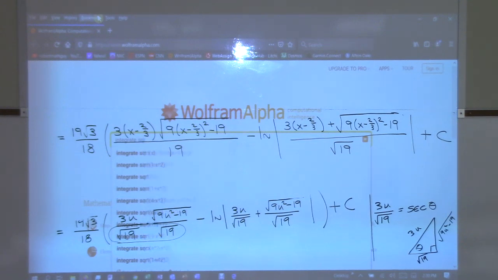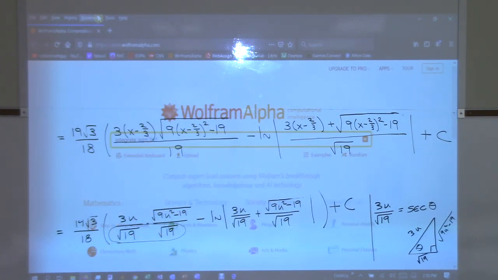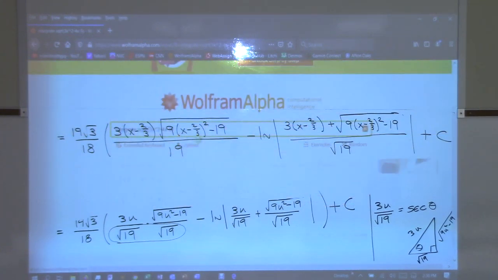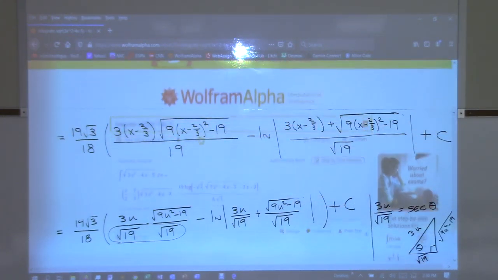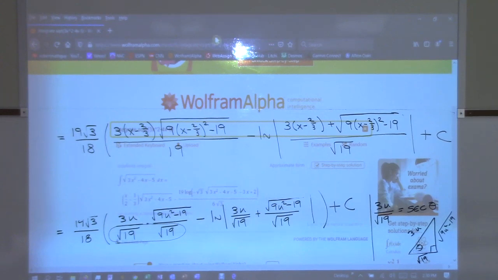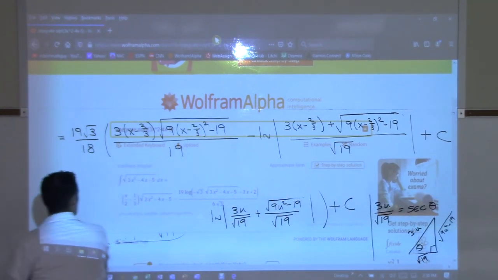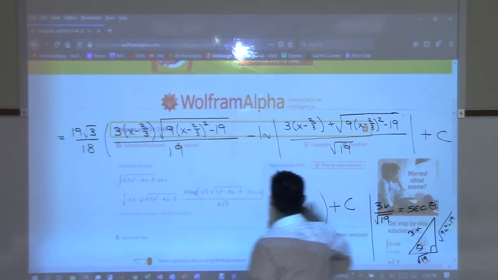Square root of 3x squared minus 4x minus 5. Okay, here we go. Let's see how long it takes Wolfram Alpha to do this. And there it is. Okay, I'm happy to see logs. There's the answer.